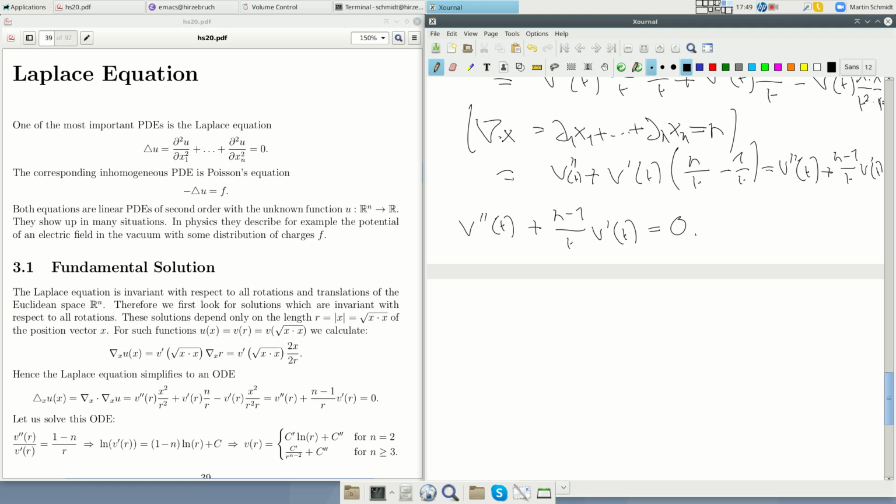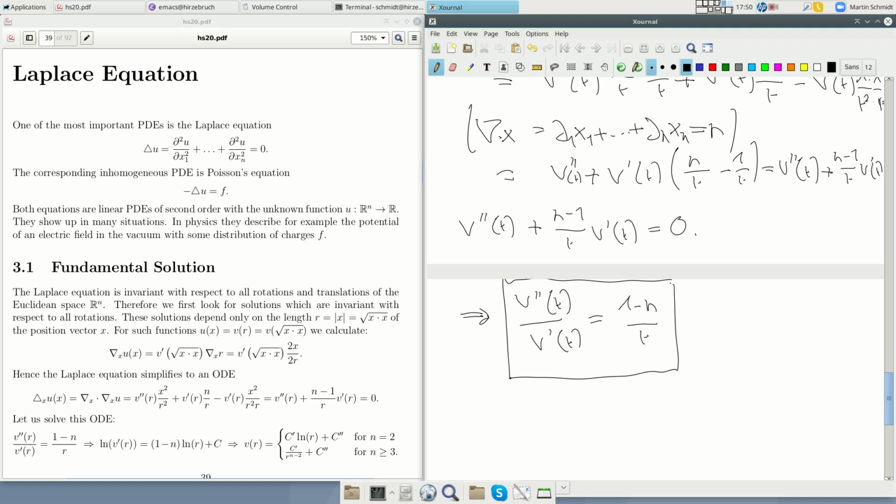Okay, and now let's assume that the function doesn't vanish, or at least now we do a calculation where this function doesn't vanish, and then we can divide, and then we obtain v double prime of r over v prime of r is equal to 1 minus n over r. So this is our Laplace equation in this form.